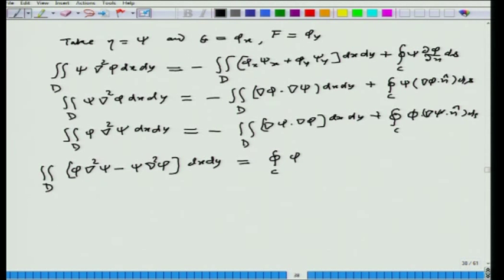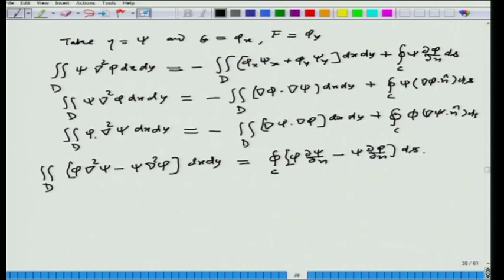We can either write it like this or we can write it in del phi over del n form also. So, this is phi del psi by del n minus psi del phi by del n. So, this is one of the Green's identities expressed like this.